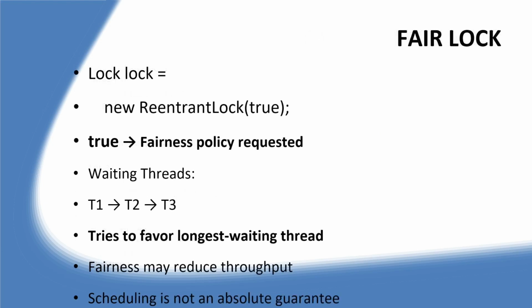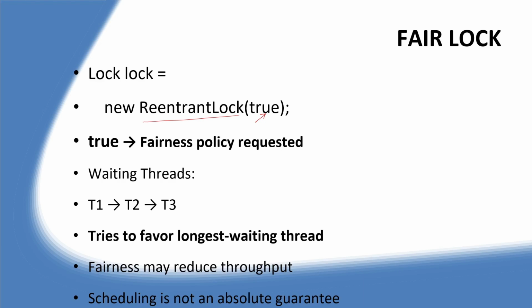Now we will see fair lock. ReentrantLock also supports an optional fairness policy. If we create a ReentrantLock, here we are creating a new ReentrantLock with the value true. It uses a fair ordering policy under contention that generally favors threads that have been waiting the longest. Fair locks may reduce overall throughput compared with the default non-fair mode.